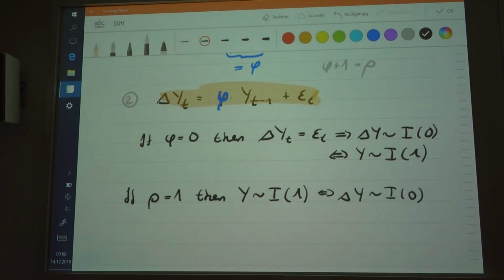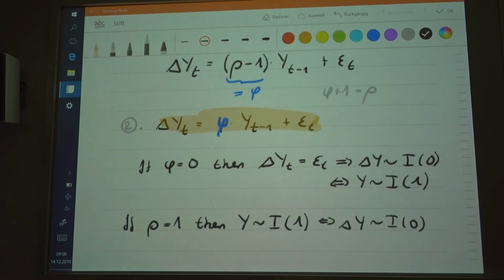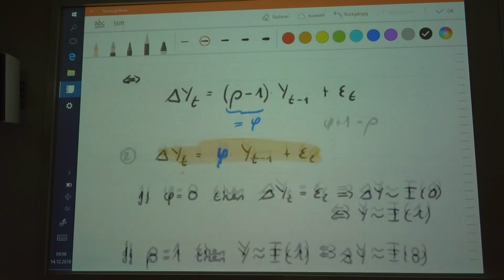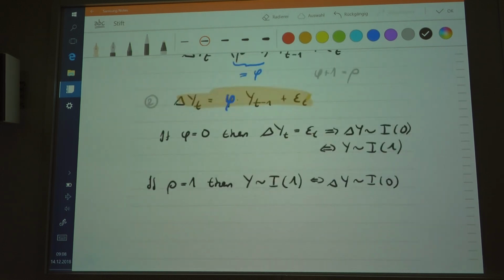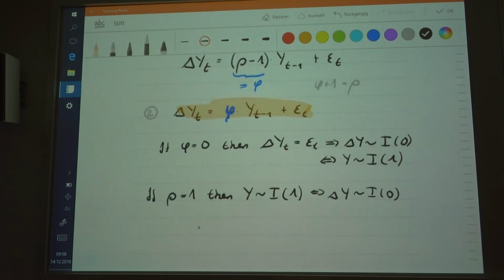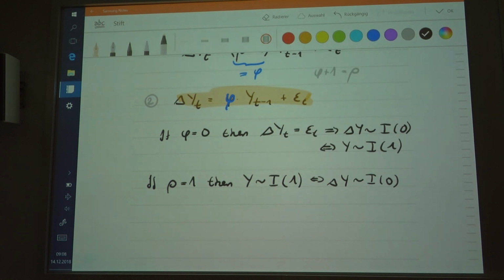So you can look at it either this way, from the perspective of the second regression, or this way, from the perspective of the first one. Both statements are equivalent. Let me just summarize that.